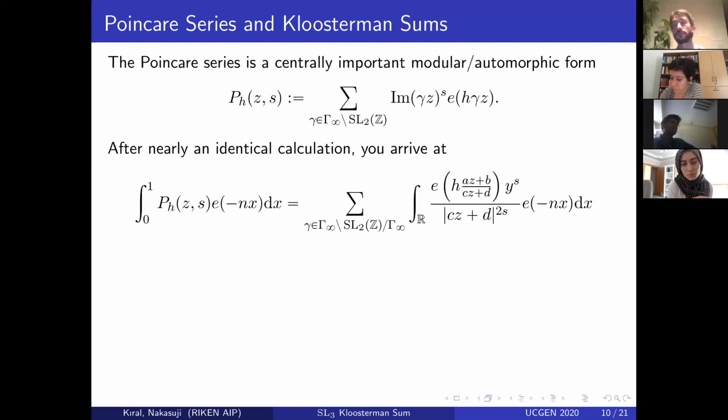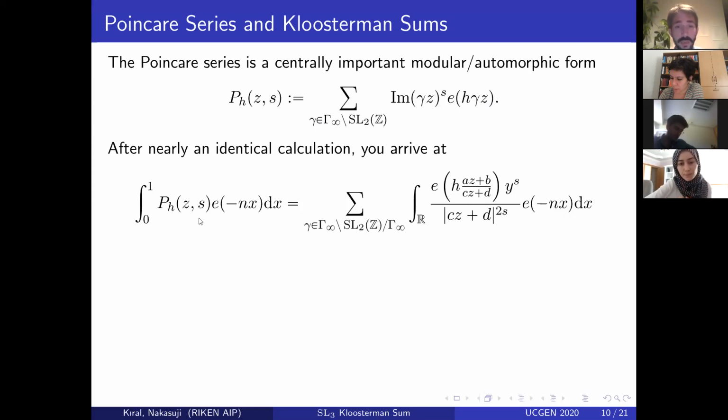And these Fourier coefficients of modular forms usually encode arithmetically significant numbers in them. So Poincaré series are important. If we have established that, it's almost given by the same thing. With instead of just the imaginary part of gamma z to the s, I'm averaging e to the 2 pi i h z, which is again invariant under the left translations by integers.